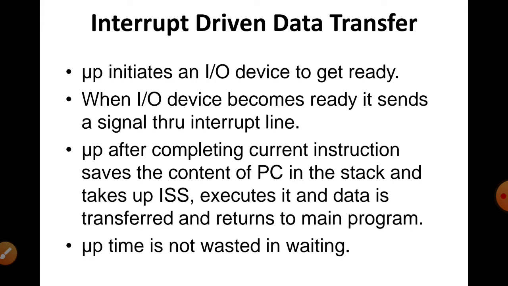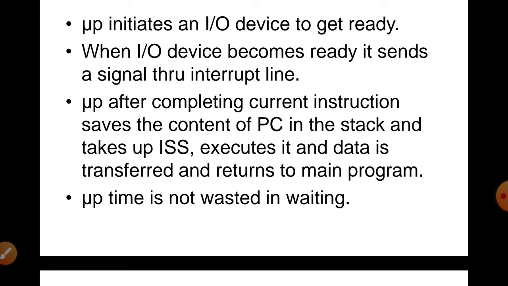In interrupt driven data transfer, when the input output device is ready to send through the interrupt line, the microprocessor first completes its job, the content of the program counter, which is the next instruction address, is stored in the stack, and it goes to the ISS. ISS stands for interrupt service subroutine.